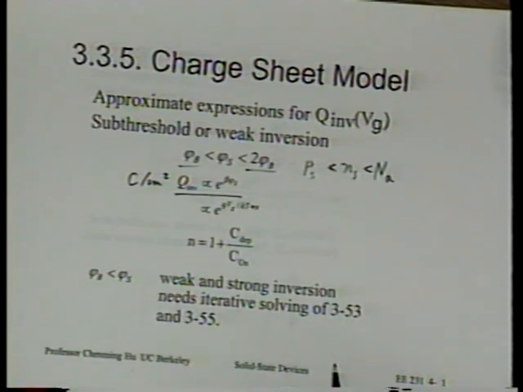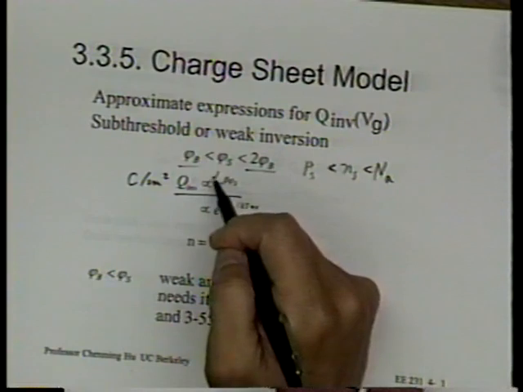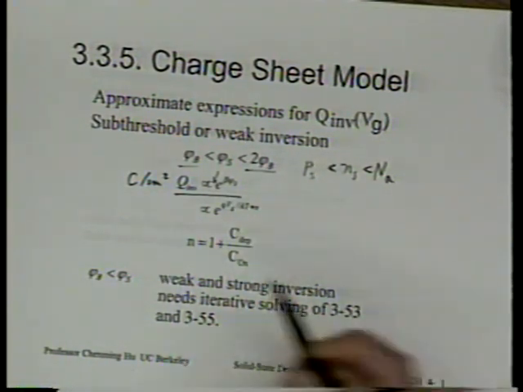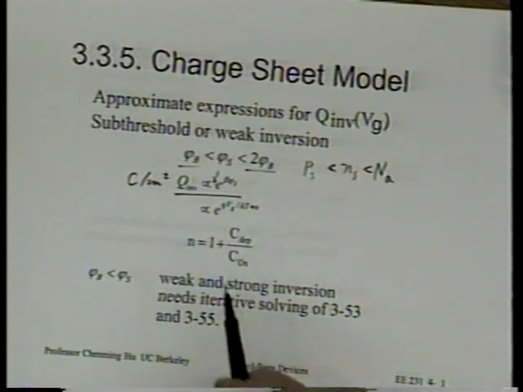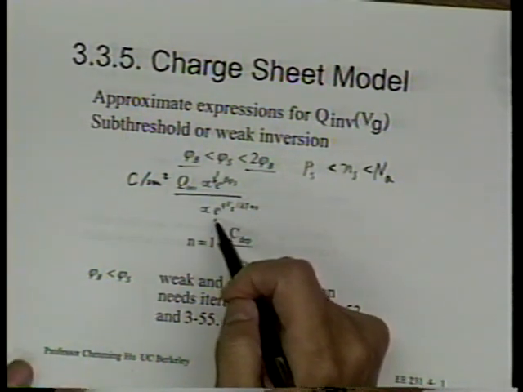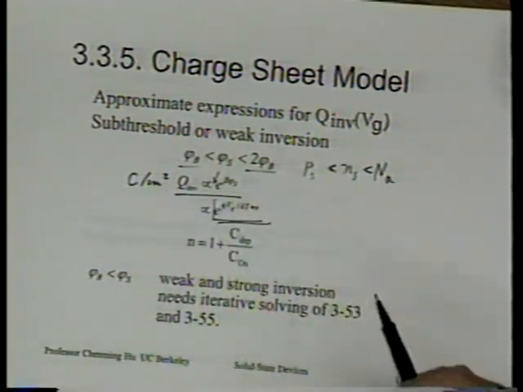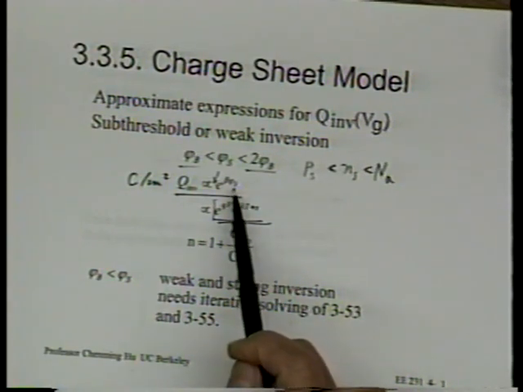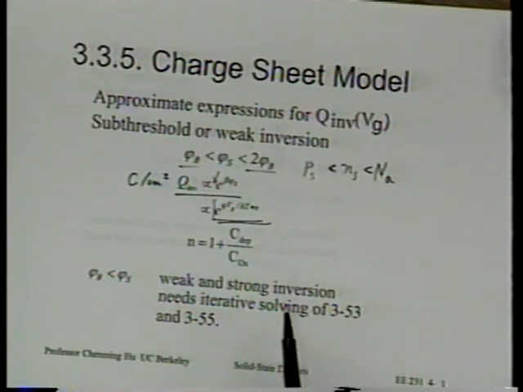In fact, we did derive even the pre-exponential factor here. Secondly, we say it's proportional to exponential QVG over KTN.